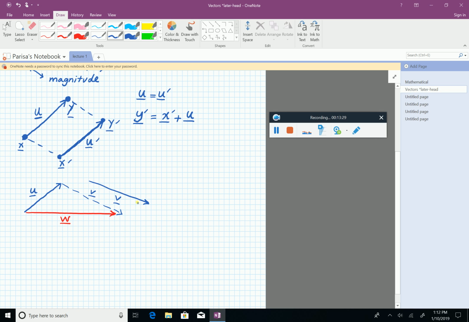And then the summation, as you have seen it before, would be the vector w, which goes from the tail of u to the head of v.